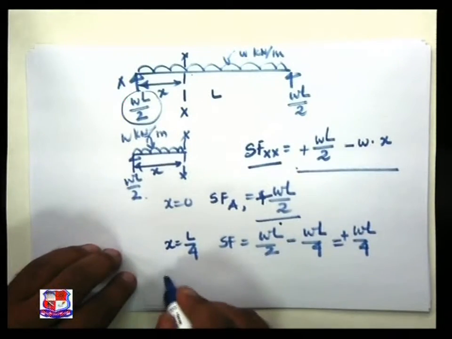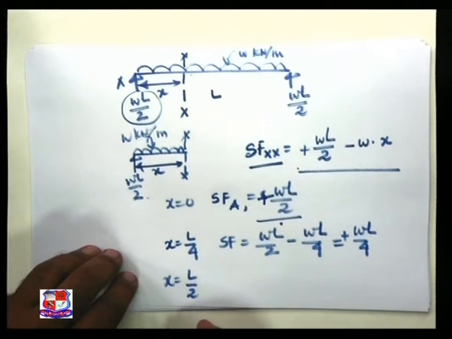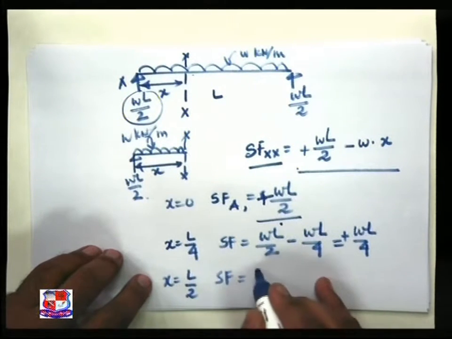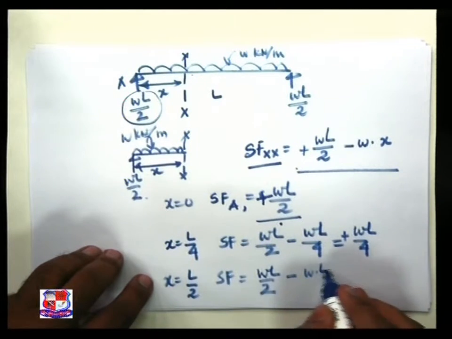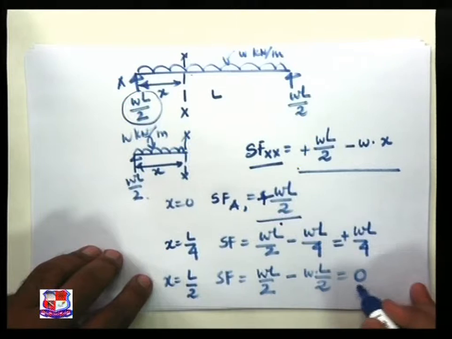Now let us take x is equal to L by 2. Shear force at center is equal to WL by 2 minus W into L by 2. Both terms are similar, so the answer comes to be 0.